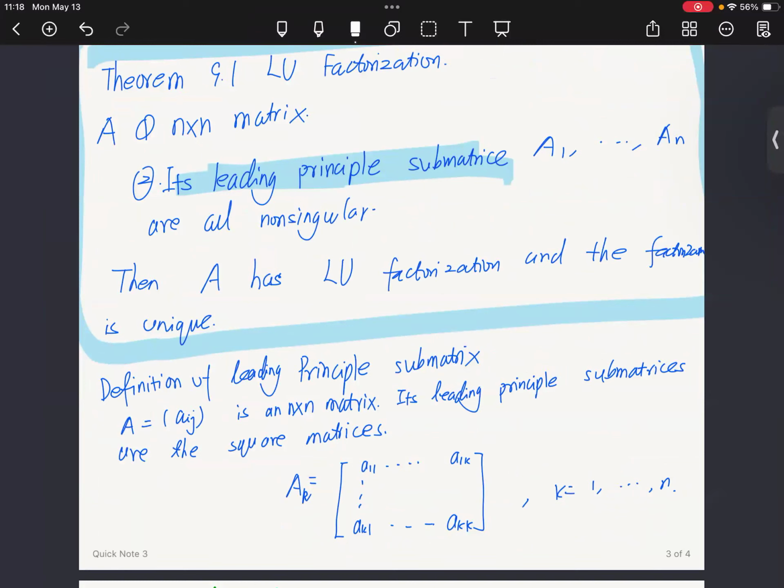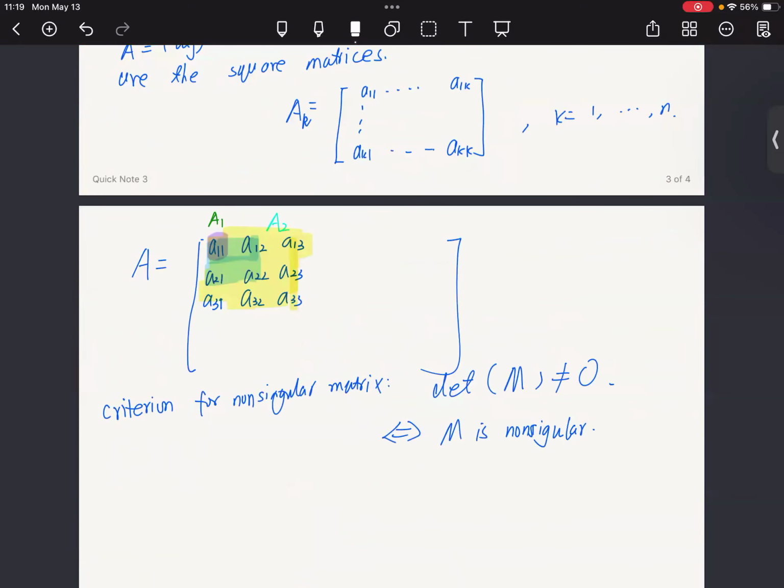Here is the criterion: if the leading principal submatrices are all non-singular, which means A1 to An are all non-singular, then we have the conclusion that the LU factorization exists for A, and the factorization is unique. This also means that for the first submatrix, the determinant of A1 does not equal 0, which means A11 does not equal 0, right?